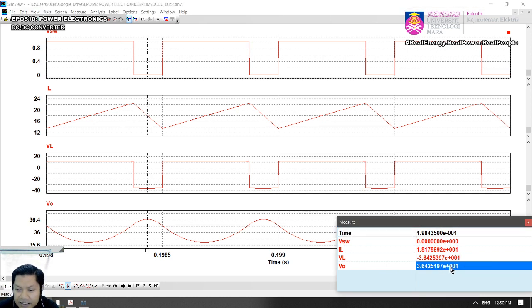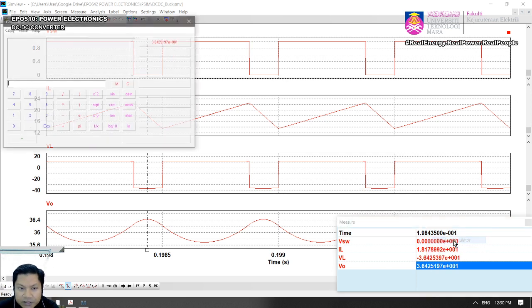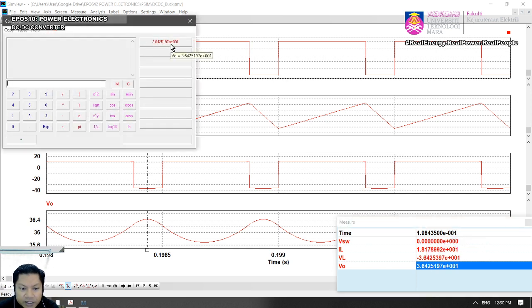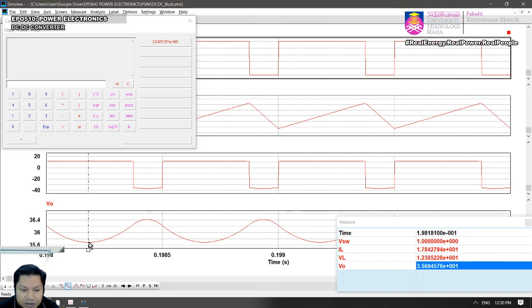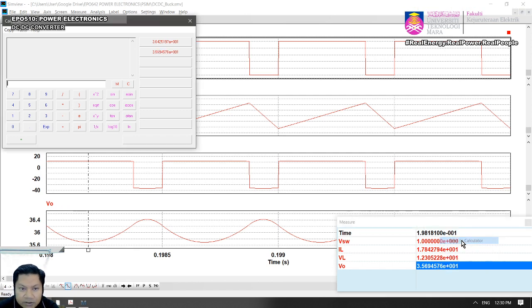So highlight this and right click, send to calculator, so it will send directly to the first value here. Then I'm going to look at the minimum, so this is the minimum value, right click again, send to calculator. So now to get the difference between the two values here, I click that one, use the minus button, click another one there and equal sign, so that gives me 0.73, right?